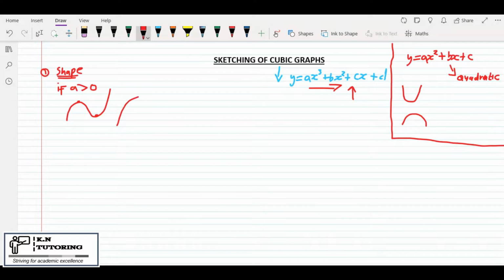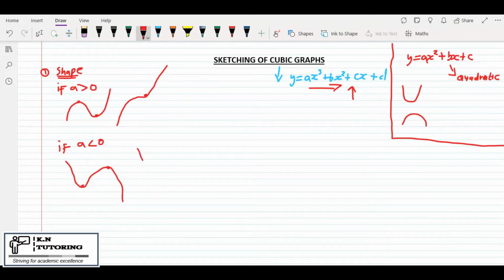It's about to turn, but instead of going down, it continues to go up, with a turning point there. And if a is less than 0, the graph will go down first, go up, and go down again, with 2 turning points there.